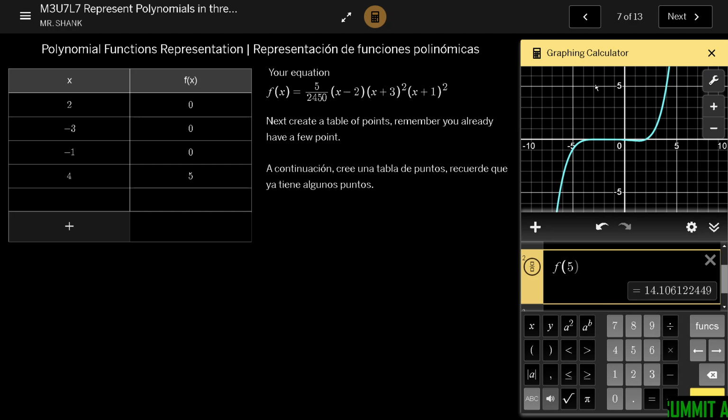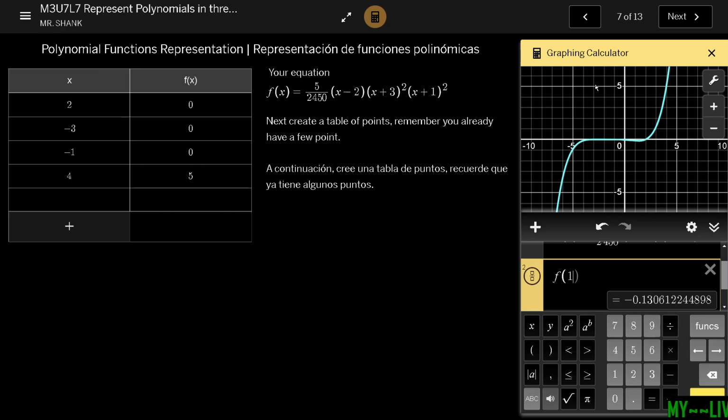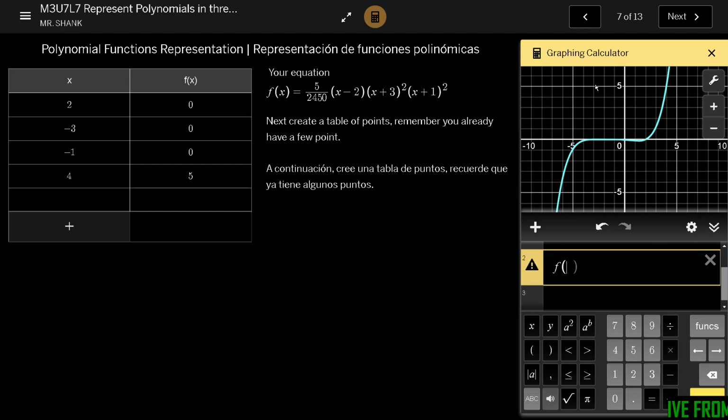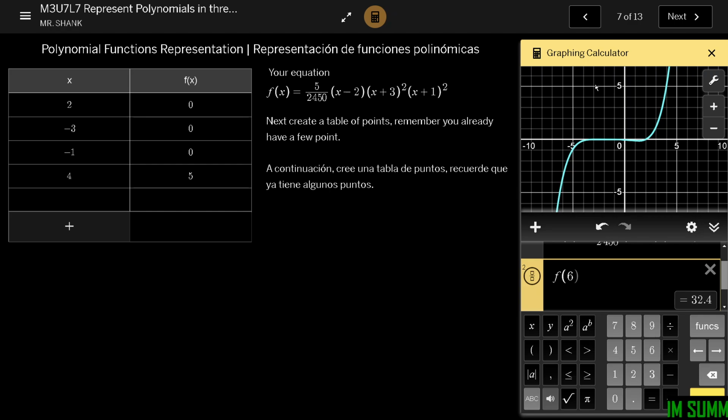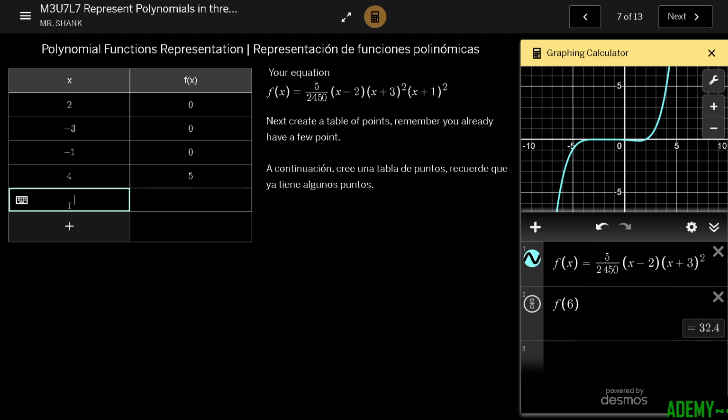Might have some rough numbers here. Oh, actually, you know what? That's perfect. That's fine. Not too long of a decimal, but I just tried some numbers. So I just went through some of the numbers, and I can get an ordered pair by plugging in those points. So practice and play around with those. Try to get an additional point.